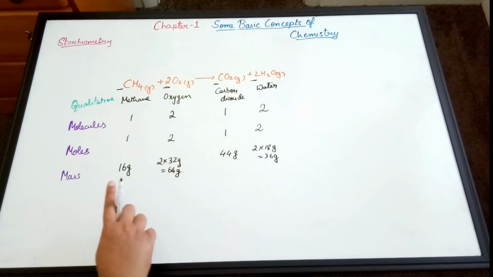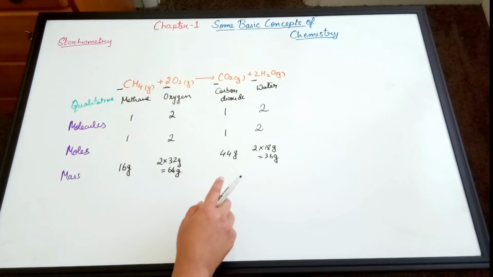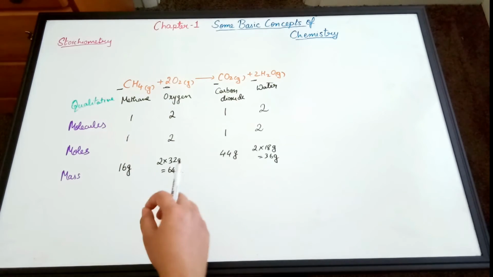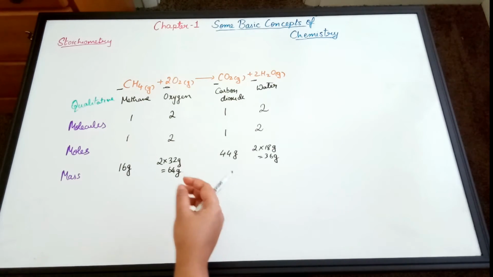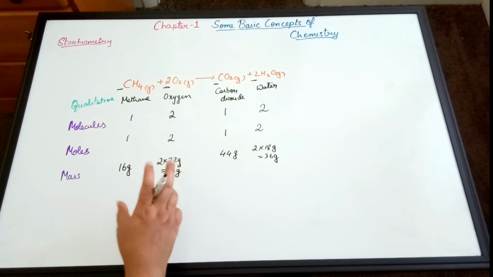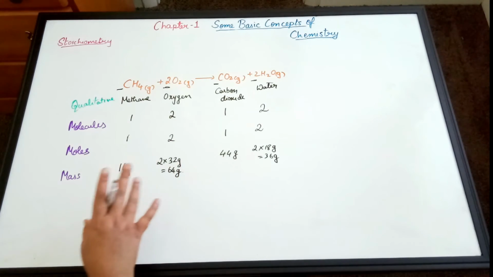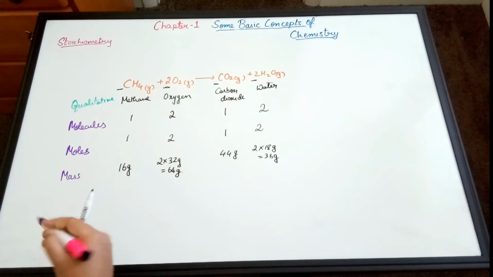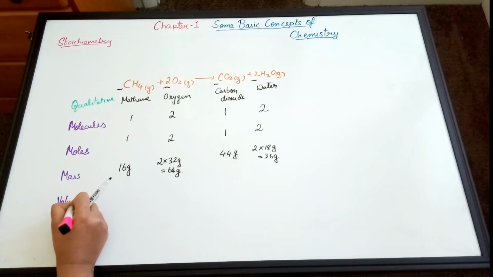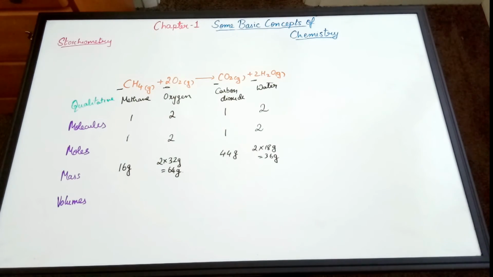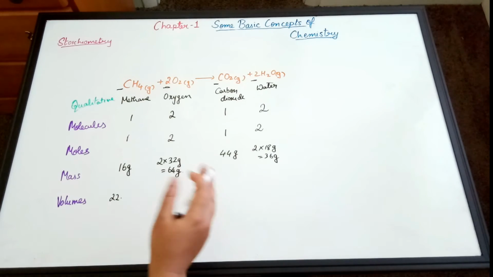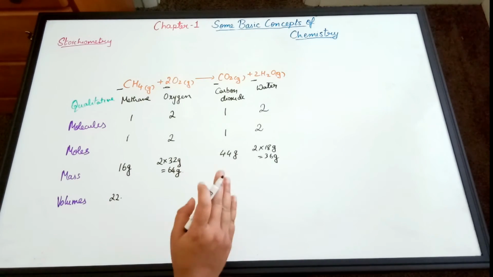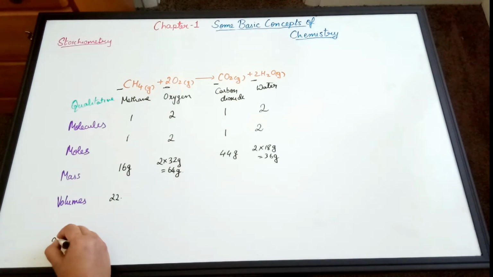Now notice all of these are gases, which means the reaction also gives us the relative volumes of gaseous reactants and products. This is applicable for gaseous ones. 1 mole of a particular gas at standard temperature and pressure is 22.4 liters in volume. This is a standard value which is considered.